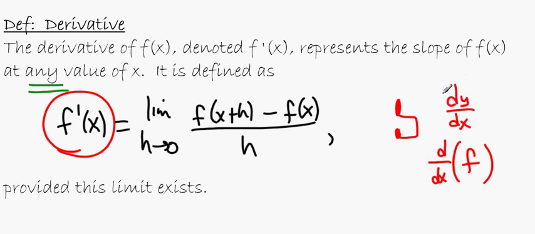So if we write this, we read it dy dx. We don't say over, we say dy dx. And sometimes in this notation, we would say the derivative with respect to x of f.